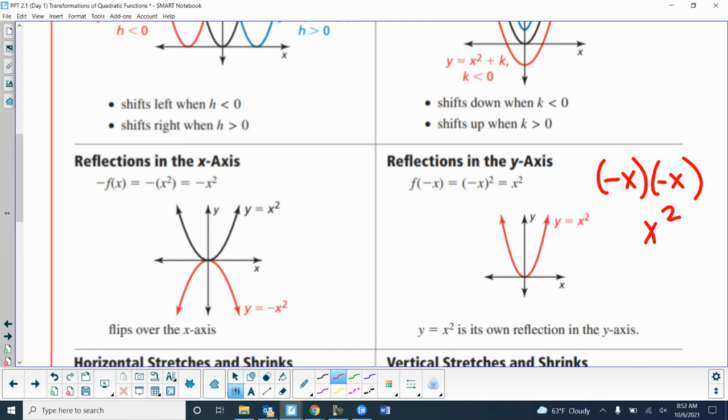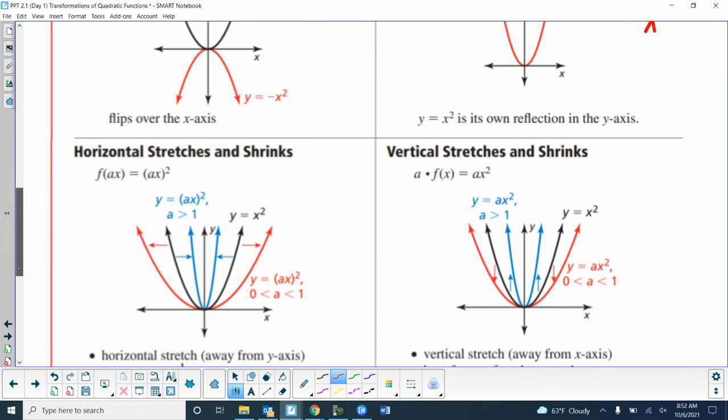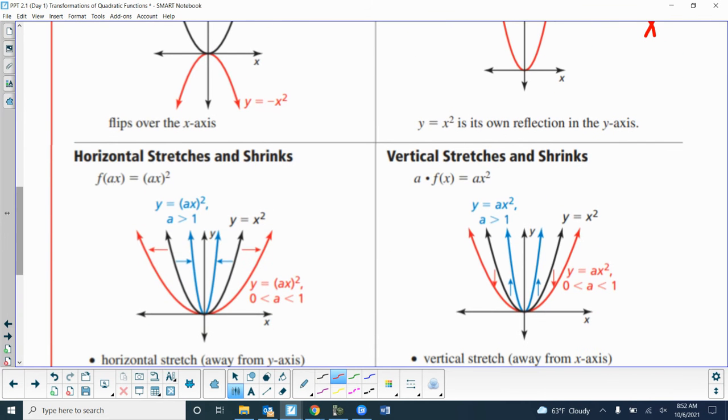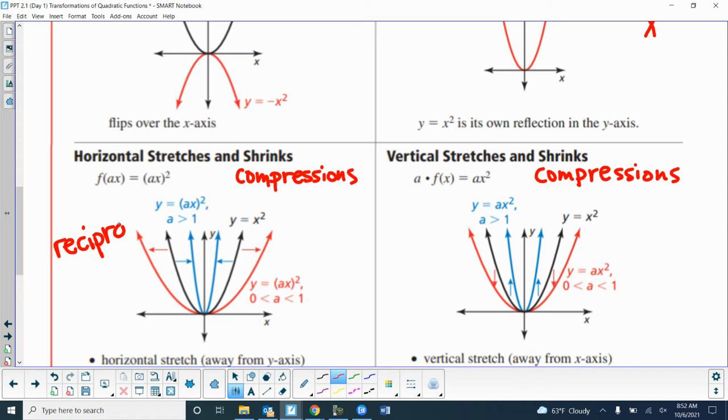And then we had our horizontal stretches, and we call them compressions instead of shrinks. When it's horizontal, what do we have to remember? It was reciprocal, right? That was the key point. Reciprocal.